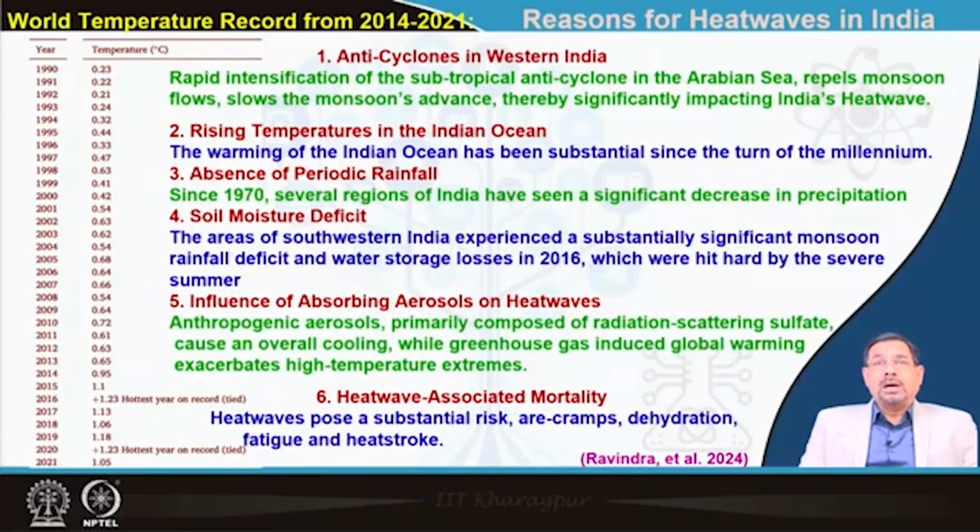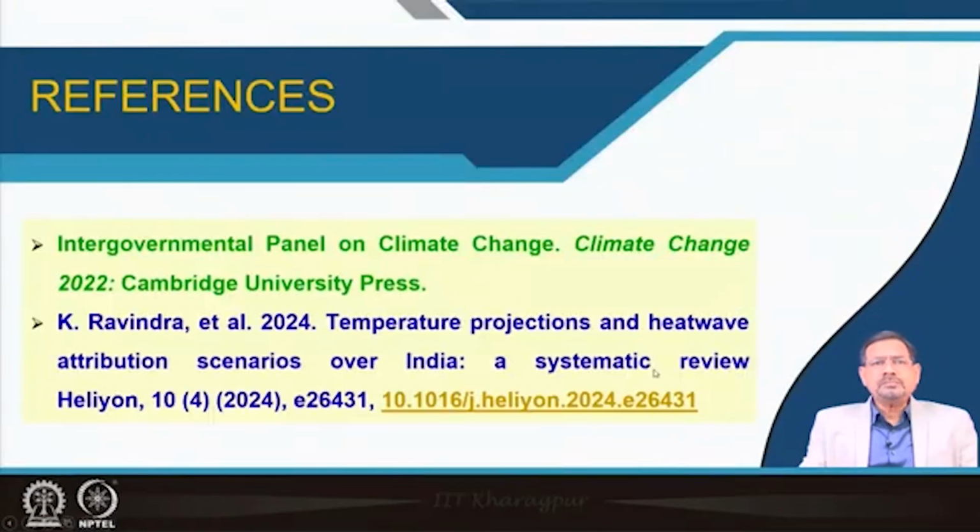Let us understand that this has already started happening and we have already received a lot of mortality over the past few decades. I followed these two literatures, IPCC and the published literature by Ravindra et al., which appeared in Heliyon very recently.